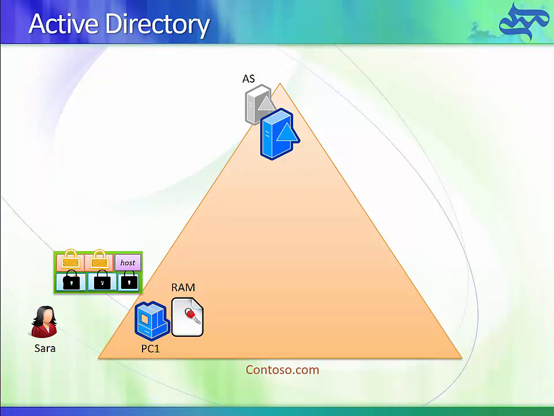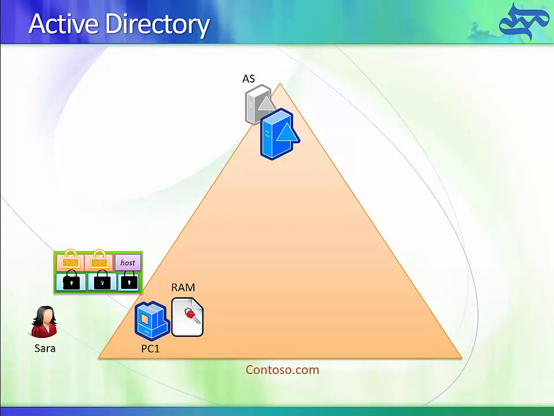Once all the information is placed within the ticket, it will be sent to the KDC. But again, this time, authentication service will not be used. Remember that we said there are two subsystems within the KDC, within the domain controller. The very first one was authentication service. In this case, we no longer need to talk to authentication service.